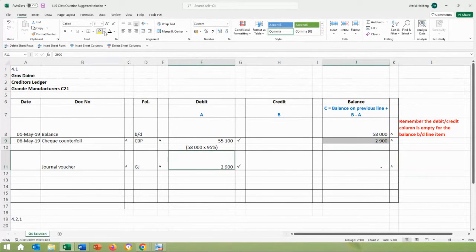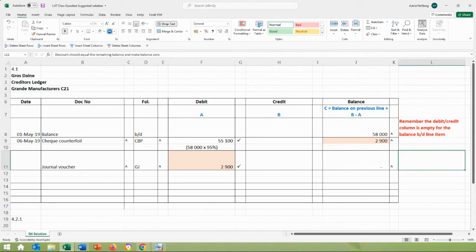So these two amounts should agree. The amount after we've made our payment should agree to the amount of the discount in the following line item to get us to a 0 balance. So the discount should equal the remaining balance and make our balance 0.